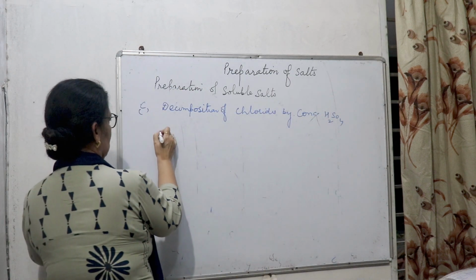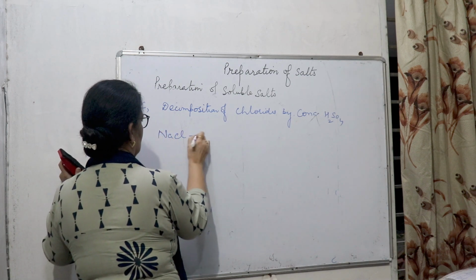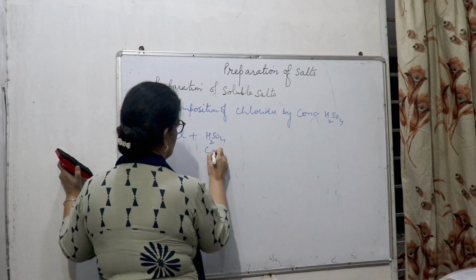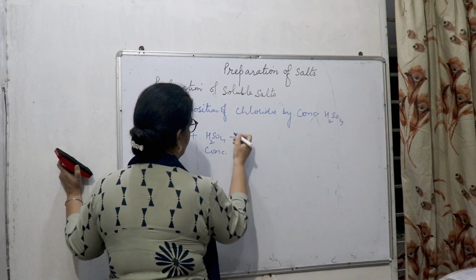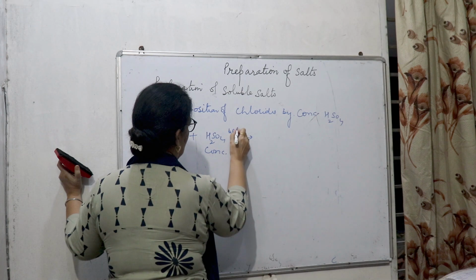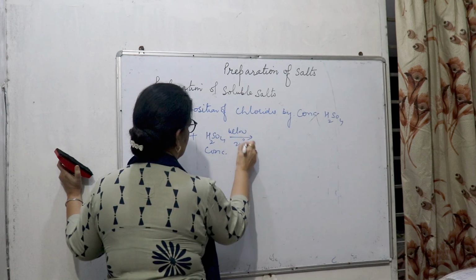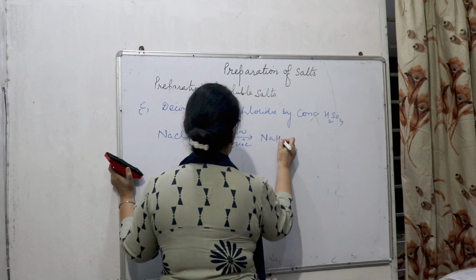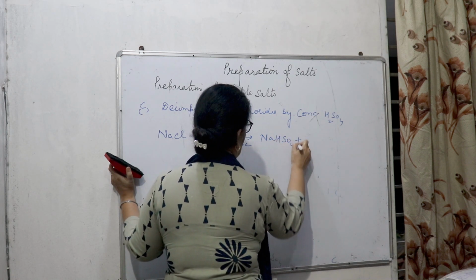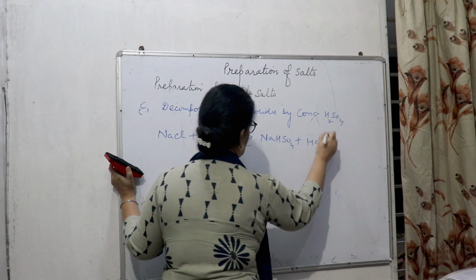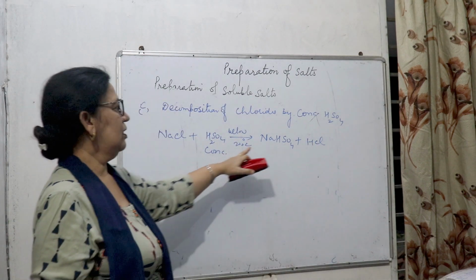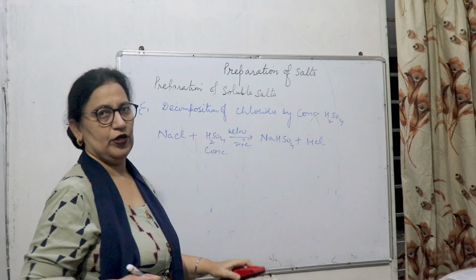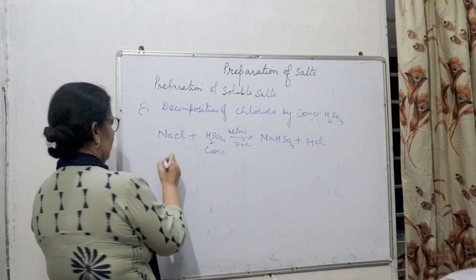Concentrated H2SO4 like NaCl plus H2SO4. This is concentrated and the temperature is kept below 200 degrees Celsius. Then NaHSO4 plus HCl. So this NaHSO4 and HCl can be prepared by decomposition of chlorides by concentrated sulfuric acid.